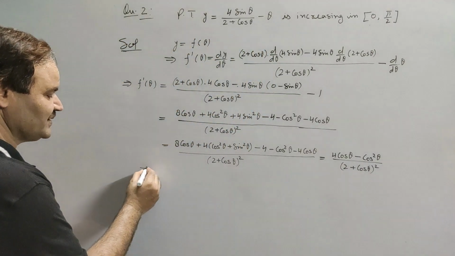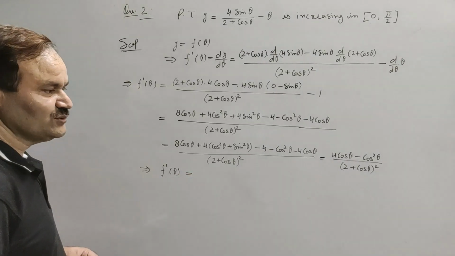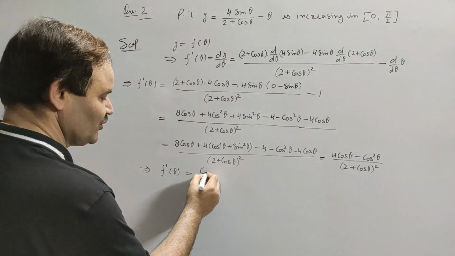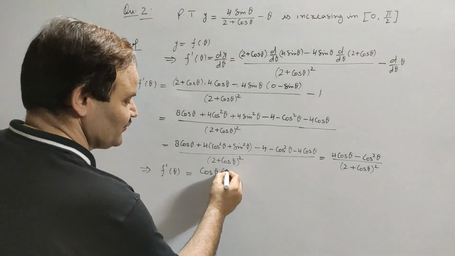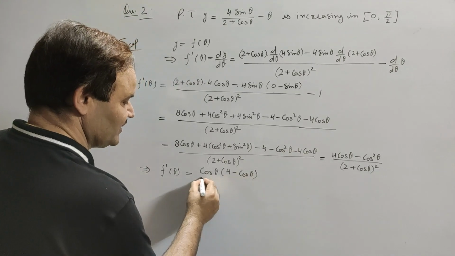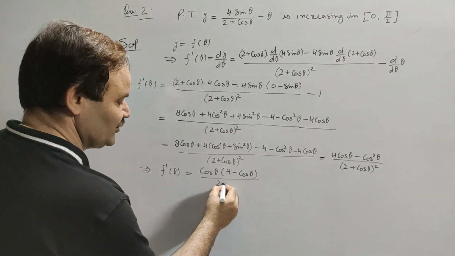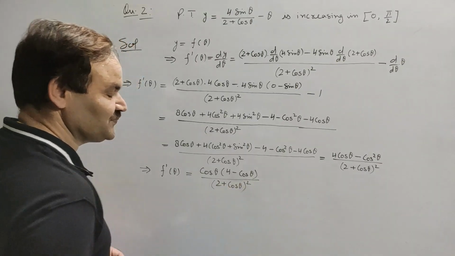This gives f dash theta equal to cos theta common, we will get 4 minus cos theta divided by 2 plus cos theta whole square.